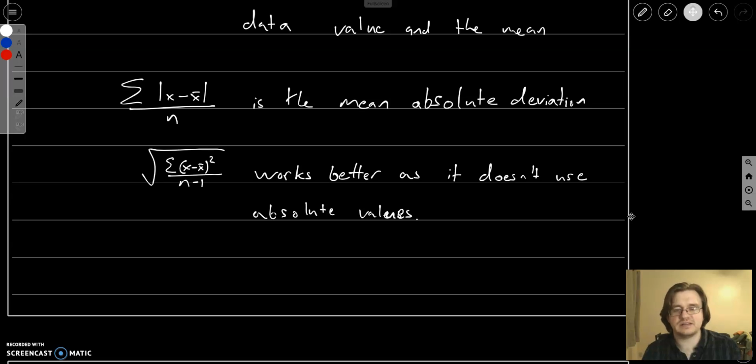It turns out that on the more theoretical side of things, when you're doing calculations with absolute values, things become a little bit more difficult, and some things are not true in general with absolute values. When we're working with this formula, things are a little bit easier. So I won't go into all the details, but both of these will work in situations. The standard deviation is simply better for our purposes.